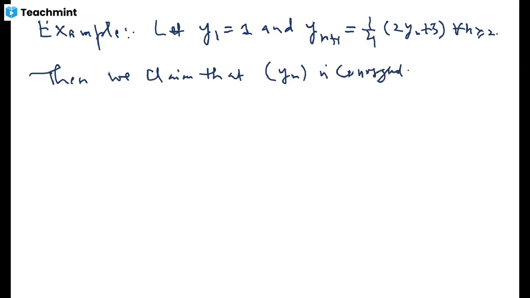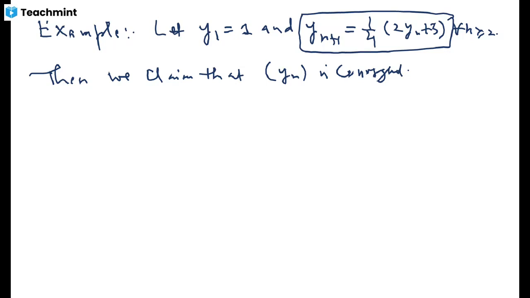This recurrence relation will help us find its limit, but using this relation to find the limit is valid only once you know with guarantee that this is a convergent sequence. For that, I'm first going to establish that it is a convergent sequence, and for that I will take the help of the monotone convergence theorem.